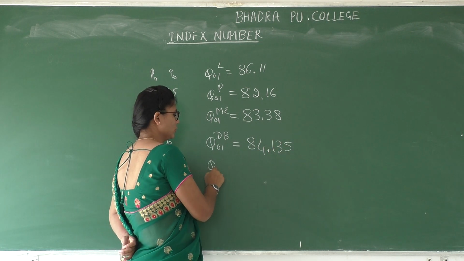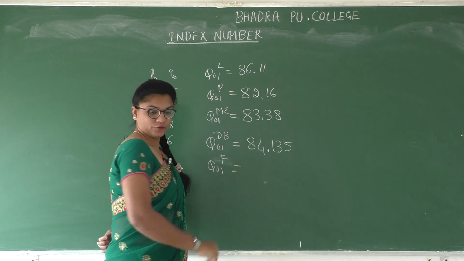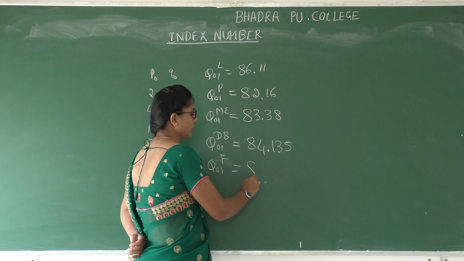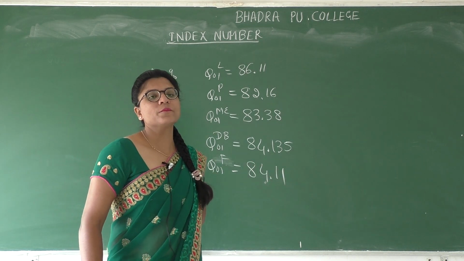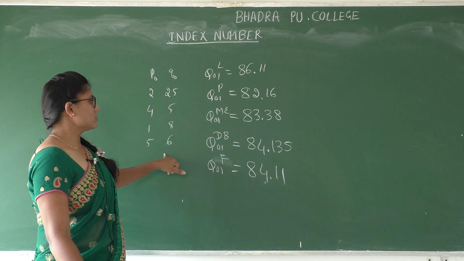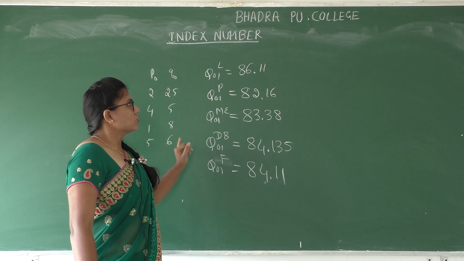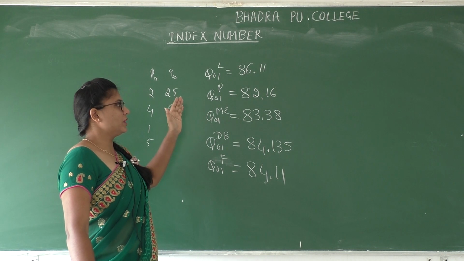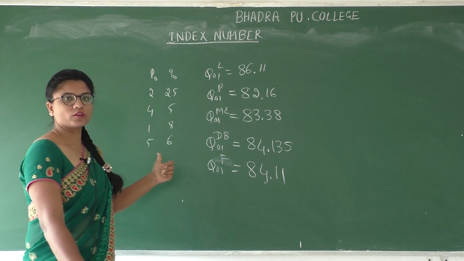And then the last one, Q01F, Fisher's, is equal to 84.11. So Q01L, Q01P, Q01ME, Q01DB and Q01F are the answers for this question.